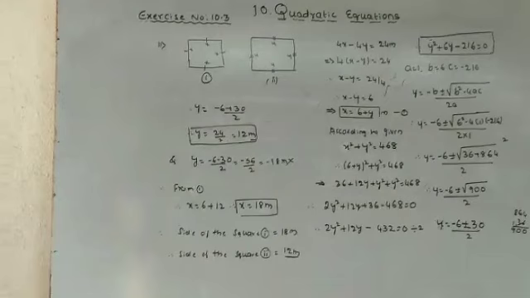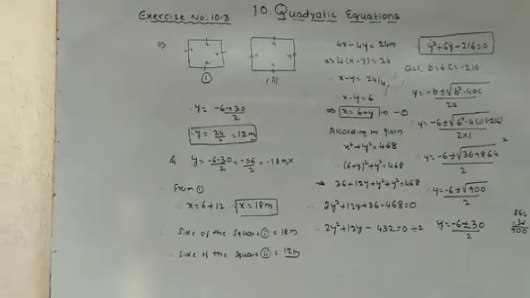Use the formula: x is equal to minus b plus or minus root of b square minus 4ac, divided by 2a. Therefore, minus 6 plus or minus root of 6 square minus 4 into 1 into minus 216, by 2 into 1.